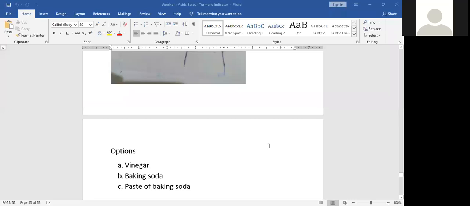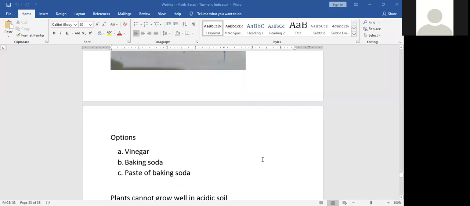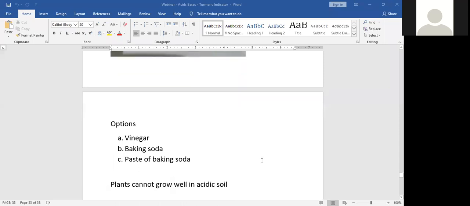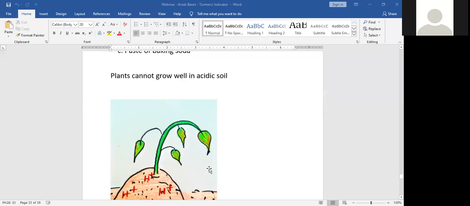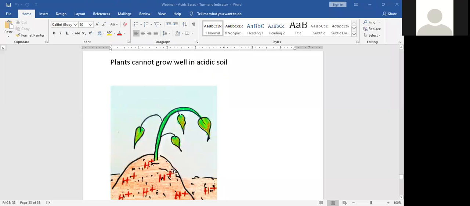Okay. I think all of you are ready for the next question. Plants cannot grow well in acidic soil. I mean, the nutrients don't reach the plant if the soil is too acidic. You can see the picture here. The plant is almost having no nutrition. It's drying off. The soil is acidic in nature.